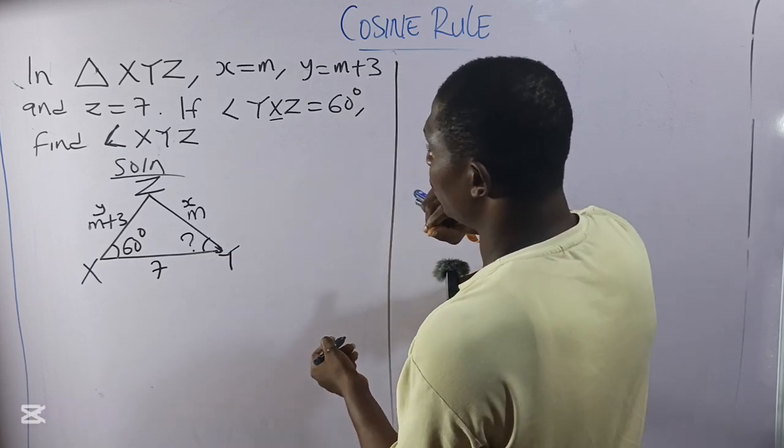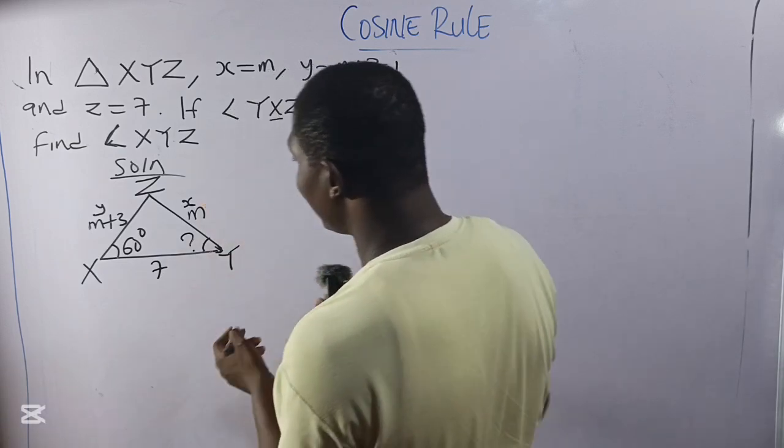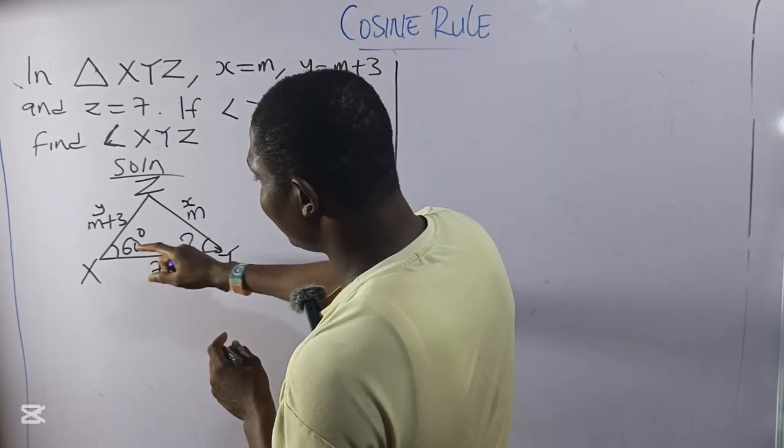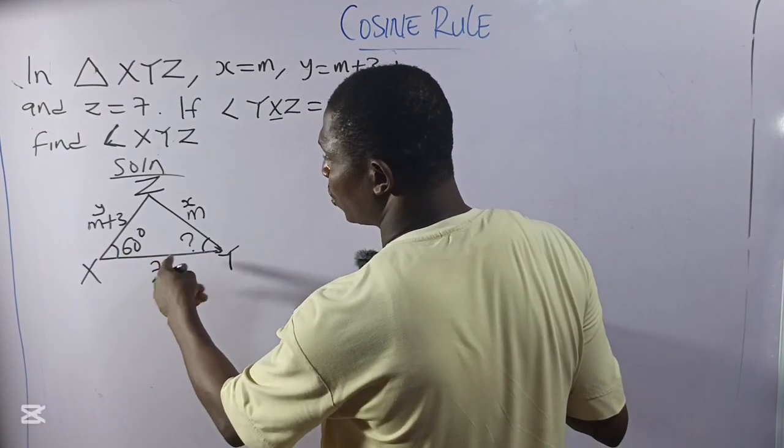Then we can see also that X was given. Since angle X is given and less than 90 degrees, this angle is acute.